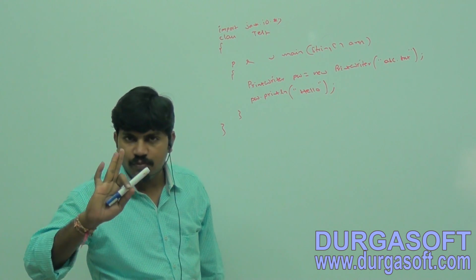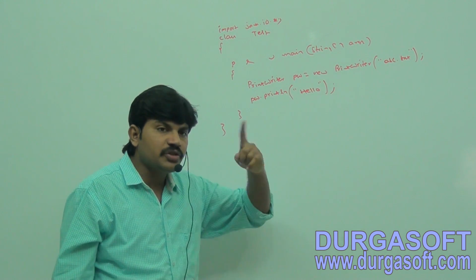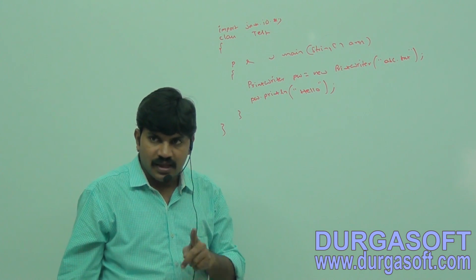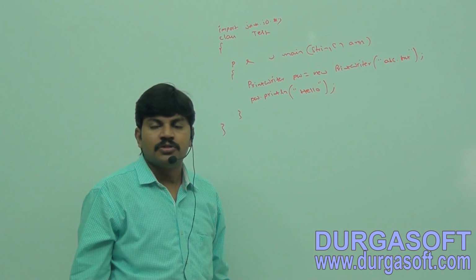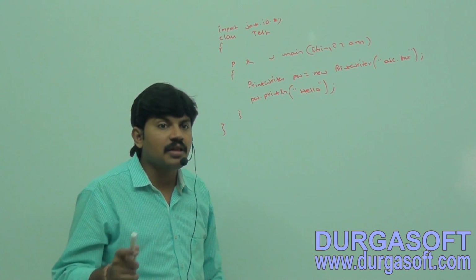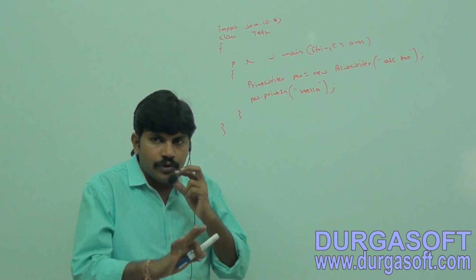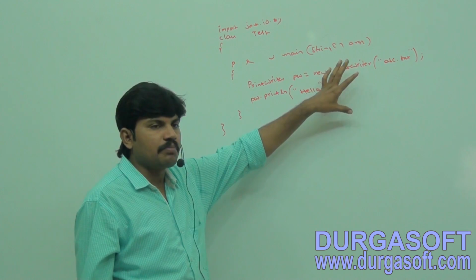In our program, if there is any chance of raising a checked exception, compulsorily we should handle it either by try catch or by the throws keyword. If we are not handling, the code won't compile.